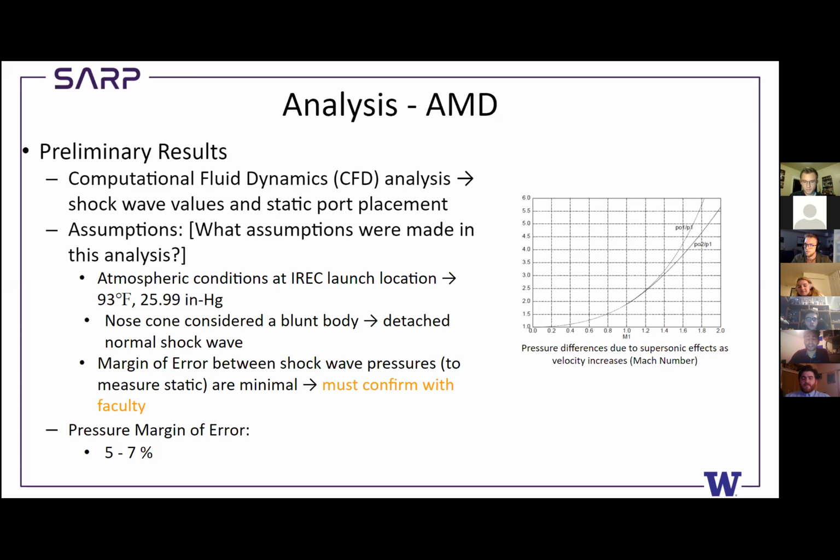And so we just want to make sure that we talk to people who are more experienced in this. Then again, the pressure margin of error is also determined from this graph on the right. We think it's going to be about 5 to 7%, but again, want to confirm with faculty. Next slide.